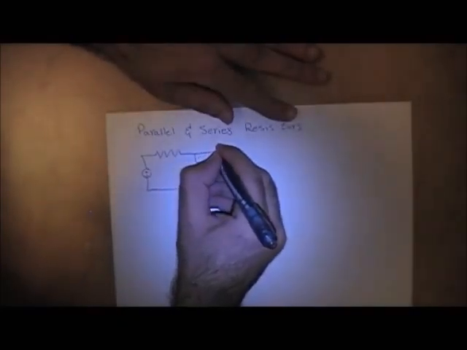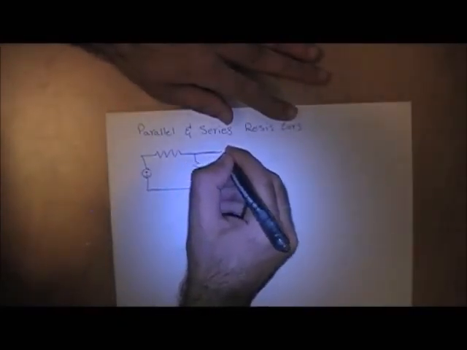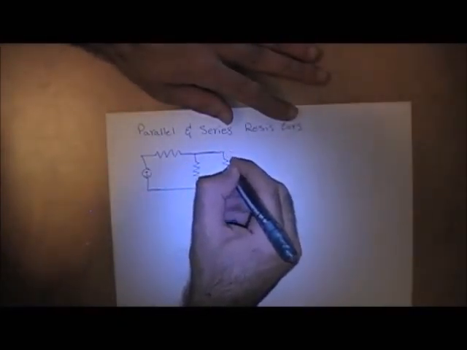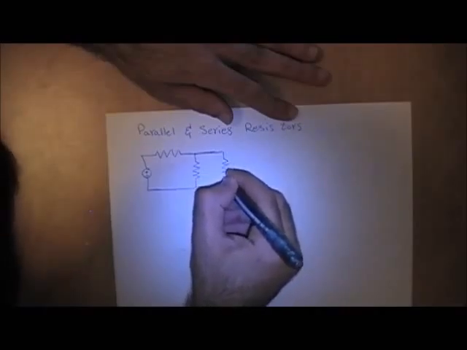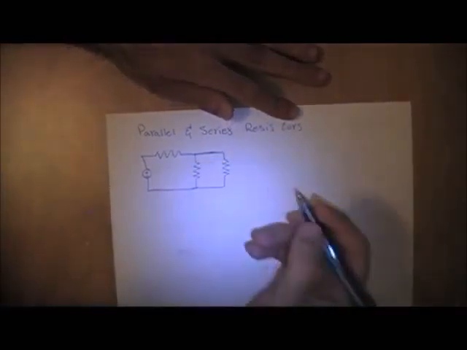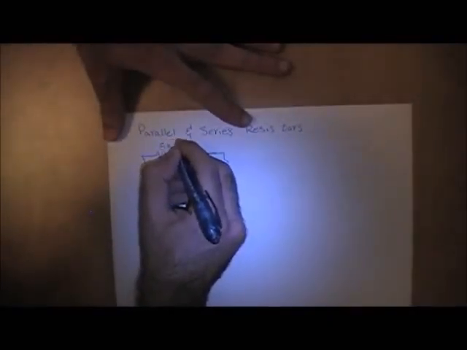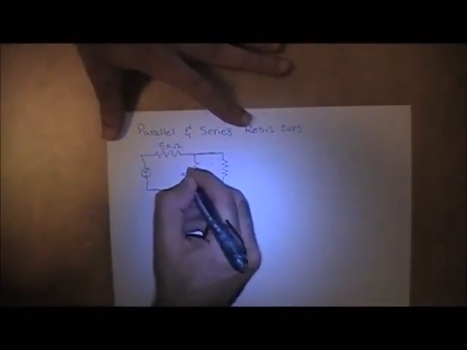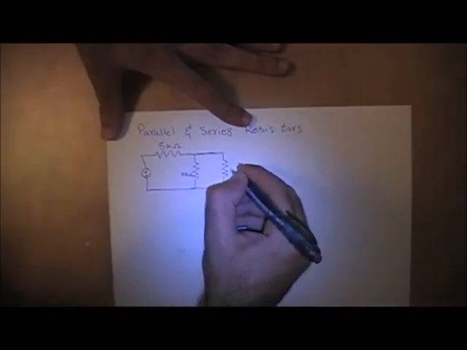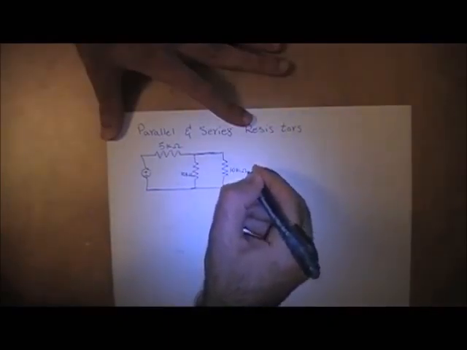Pretty much like a series circuit, right? Now I'm going to add another resistor across this one. And I'm just going to assign the numbers. So this one is going to be 5 kilo ohms, this one is going to be 10 kilo ohms, and this one is going to be 10 kilo ohms.